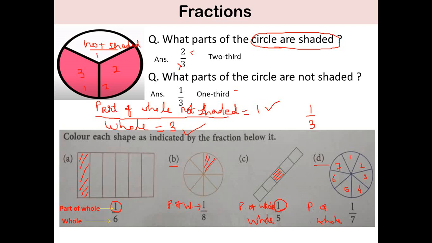The upper part shows part of whole, right? This is 1. So you need to shade only one part of the whole. So you can shade any one part as you wish. Okay, I have shaded only one part. This part I have shaded. Right?